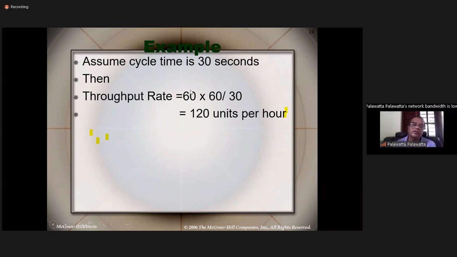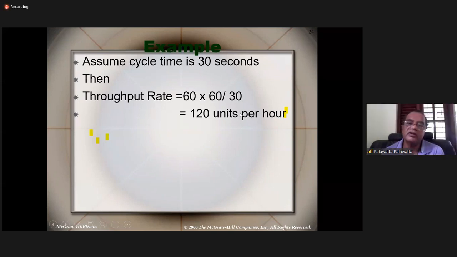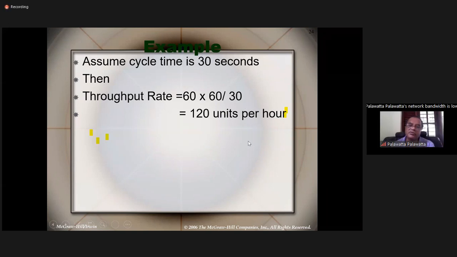And this 60 is 1 hour, right? Here we are going to calculate the rate, and the rate is calculated as number of units per hour.